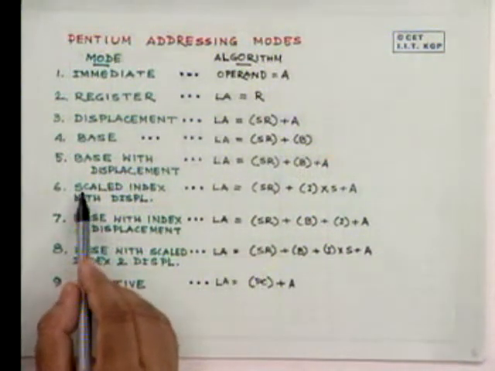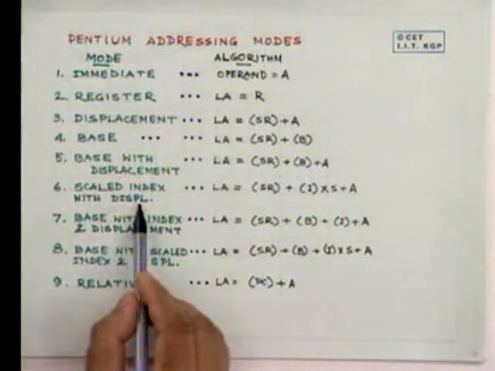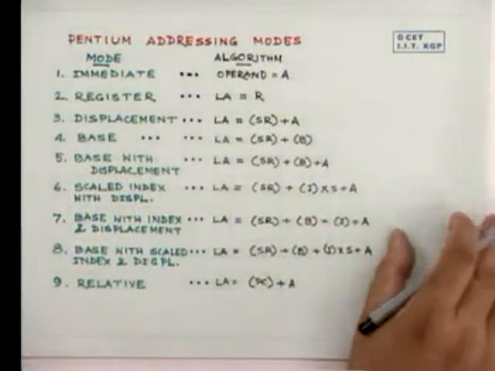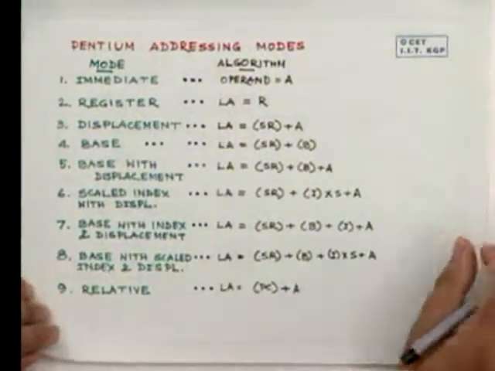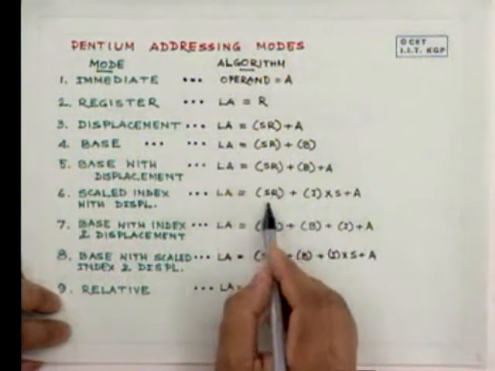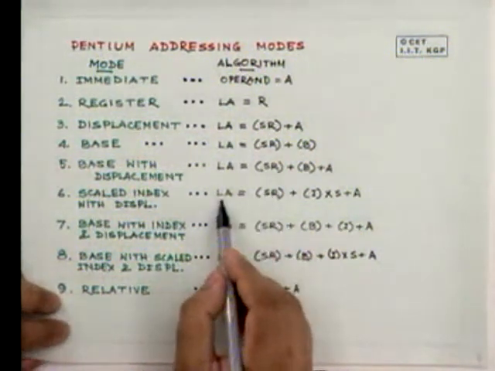Similarly, that scaled index with displacement is that you take the content of the index register, multiply it with the scale, add the displacement from the instruction, and add the content of a segment register to get the linear address.